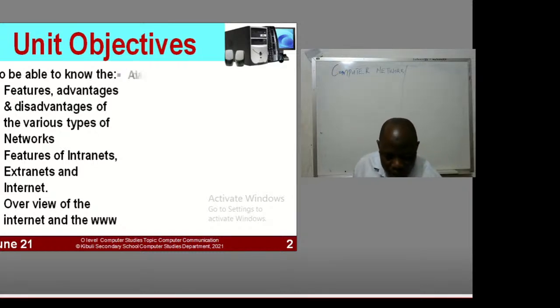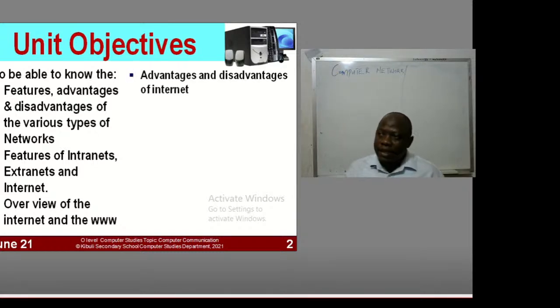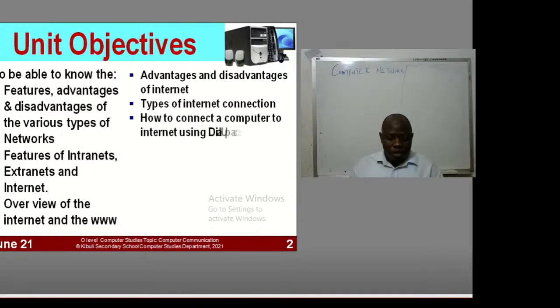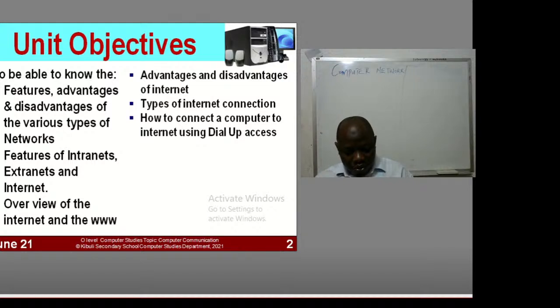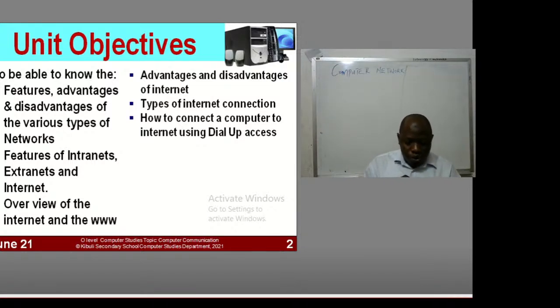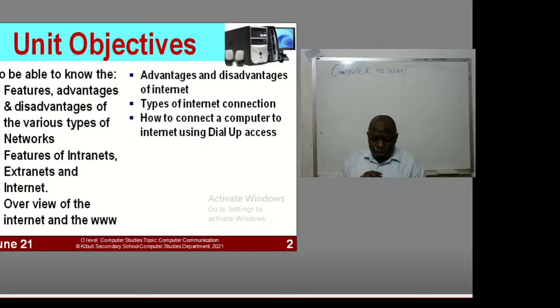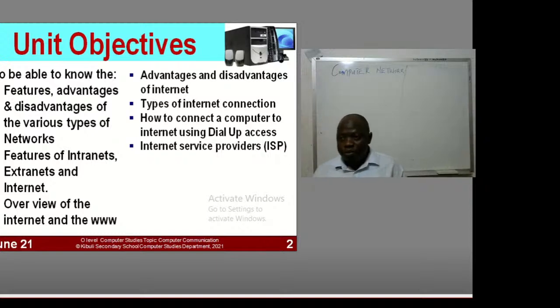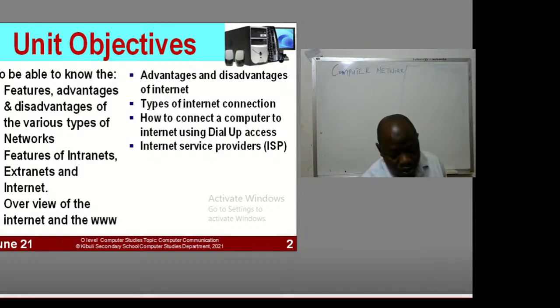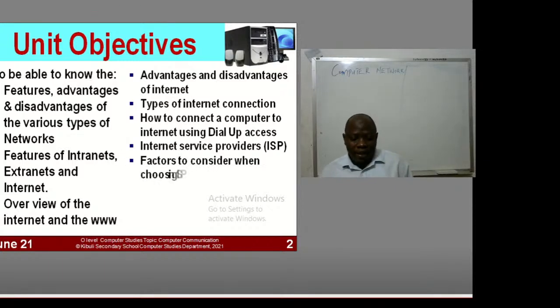Then we shall look at the advantages and disadvantages of the internet, and then the types of internet connection. And then how to connect a computer to internet using dial-up access. Then we shall look at the service providers, internet service providers, like the ones we're using today in order to access or to take on our online learning.